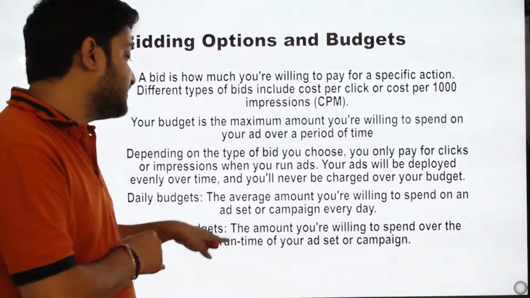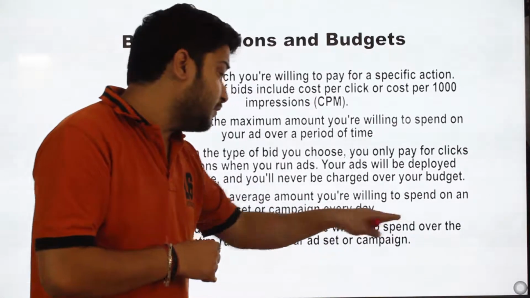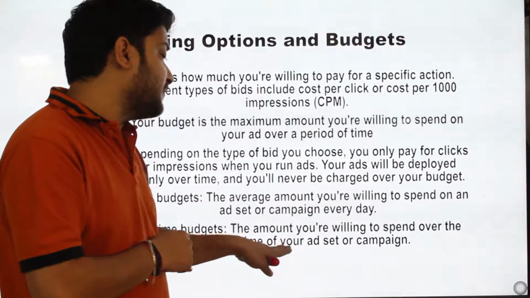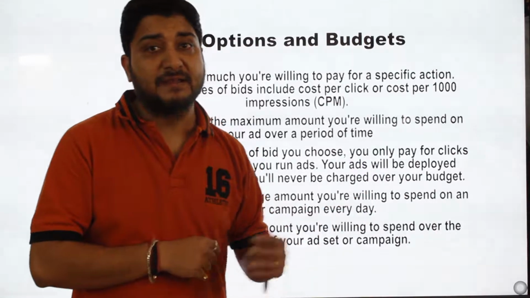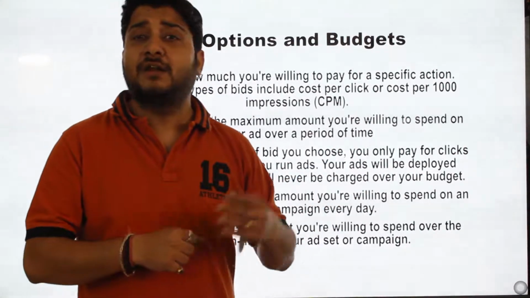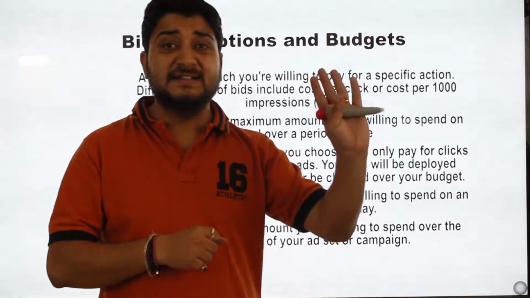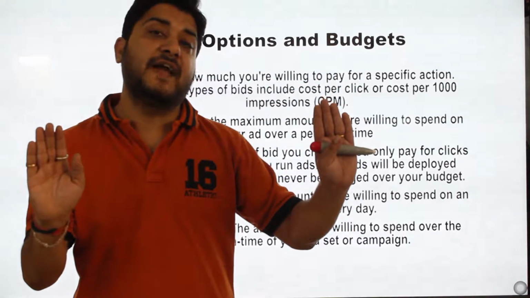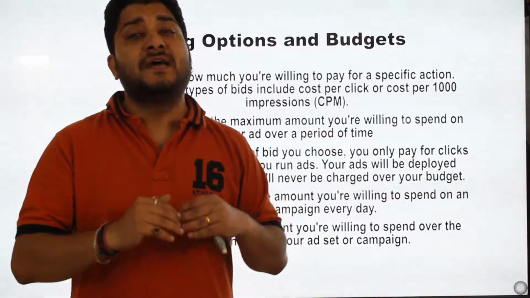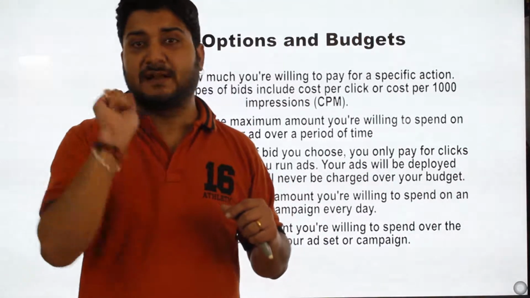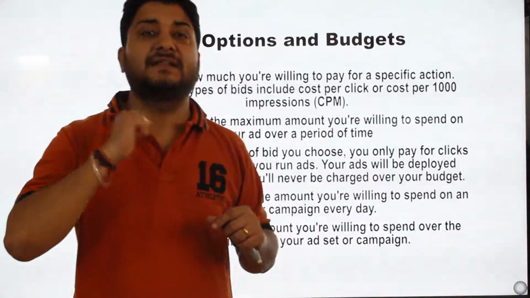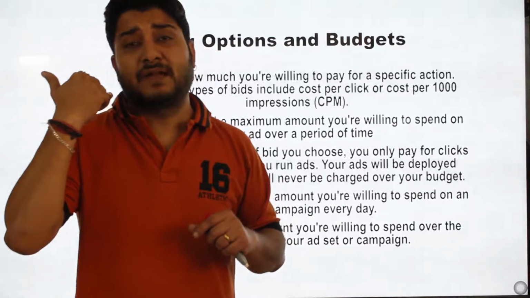Then there's a lifetime budget, the amount you're willing to spend over the entire runtime of your ad set or campaign. There are a lot of companies who have defined the start date, but no end date for a campaign. In that particular case, you just set a budget, for example 1 lakh, 10,000, or 5 lakhs.